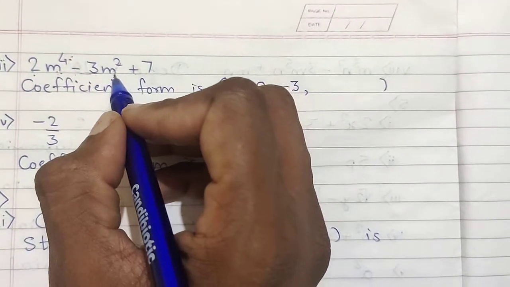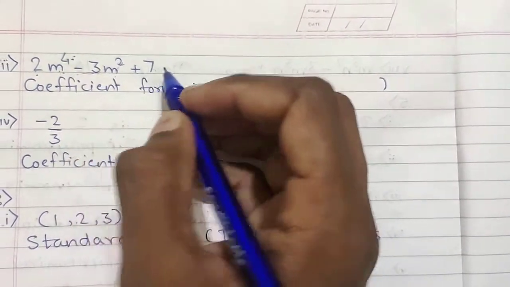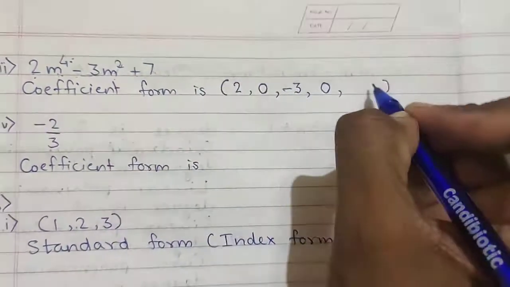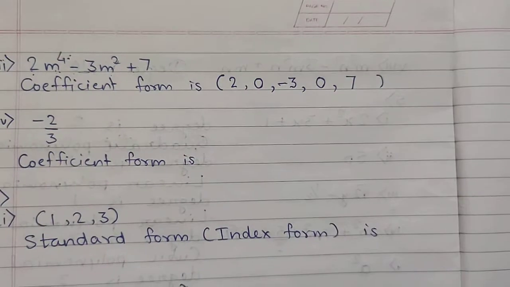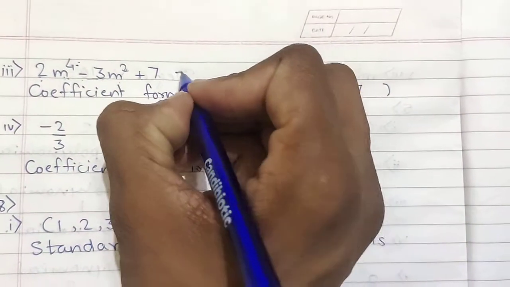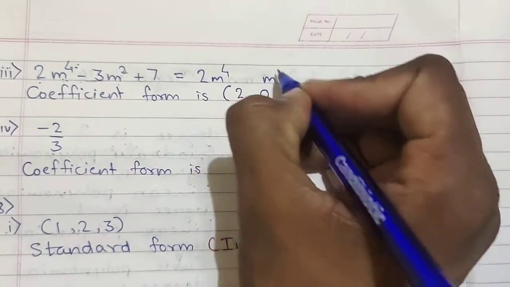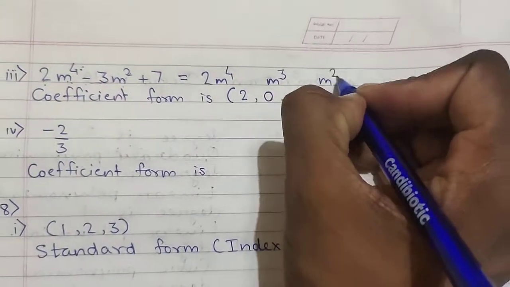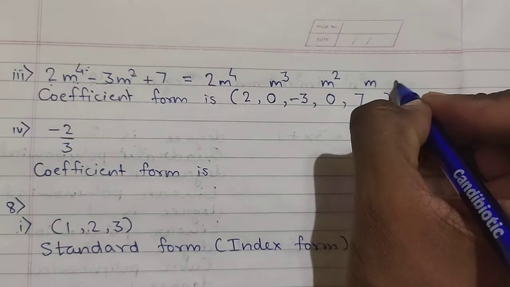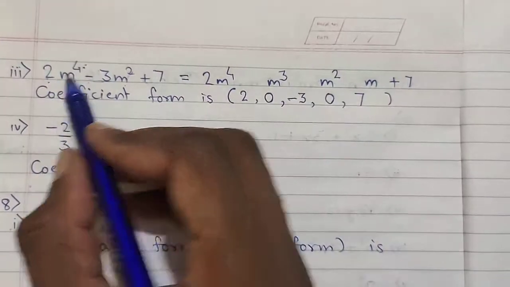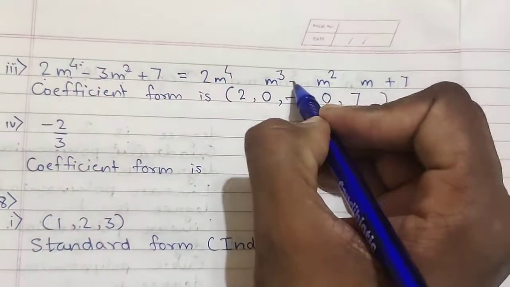Okay, so power 2 coefficient we have written. After power 2 your power 1 is not here, so power 1 coefficient is 0, and then your last number is 7. Okay, if you want you can write this. This is power 4, then power 3, then power 2, then power 1, and then your last number. Now see, your power 4 is 2, then power 2 is minus 3.